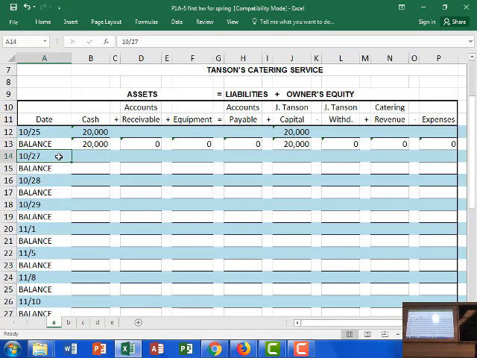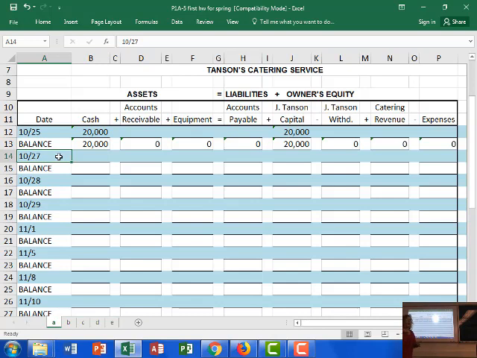On the 27th, notice what it says. He bought equipment for cash from the Monroe Company for $2,300. Maybe he bought an oven. I don't know, but he bought equipment. Which two accounts are going to be impacted? And the reason why is because equipment is increasing and your cash is decreasing.